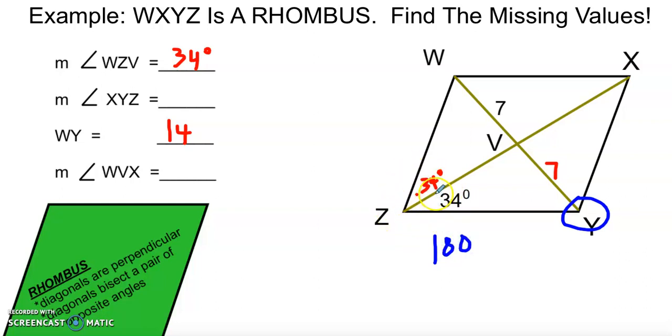So if I subtract this angle Z here, and the measure of this angle is actually 68 degrees, because if I take those two 34s and add them, and subtract 68 degrees, okay, that's going to leave me then with 112 degrees. So this is 112 degrees then, angle XYZ.